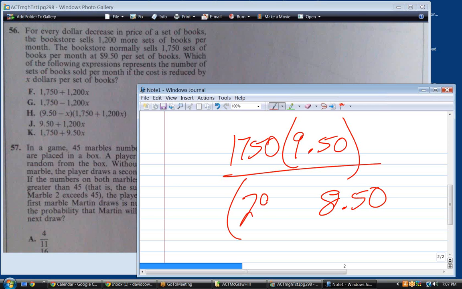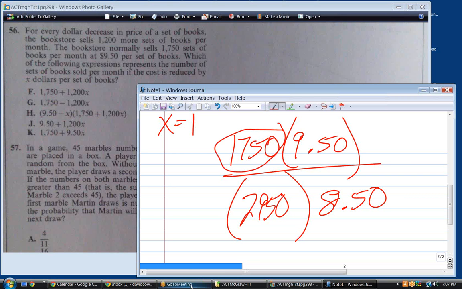So $29.50 times $8.50 would tell us what our revenue was. Now, can we pick that equation? In other words, when I let x equal 1, my price dropped to $8.50 and my number of sets went up by 1,200 times 1.